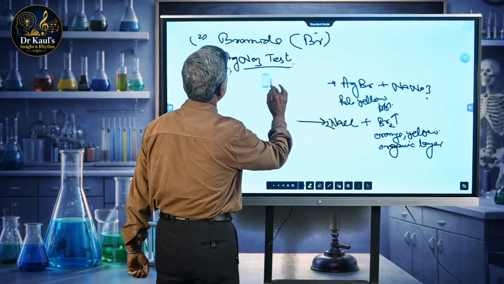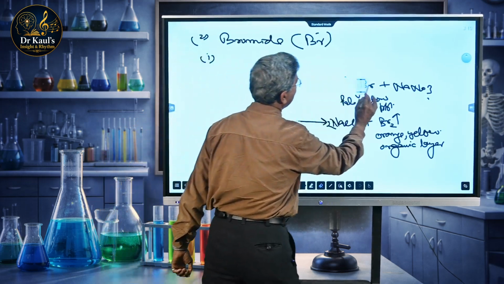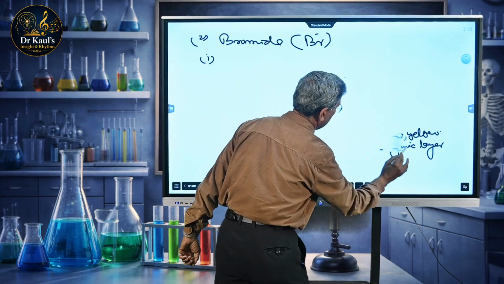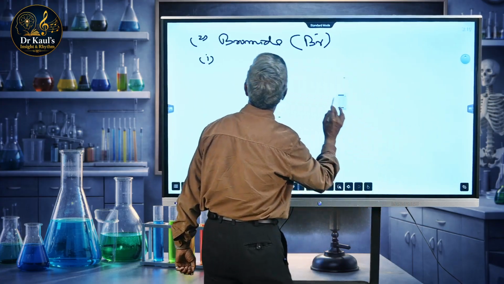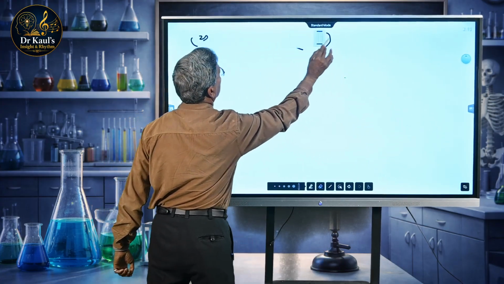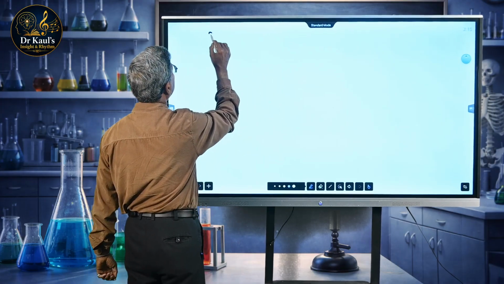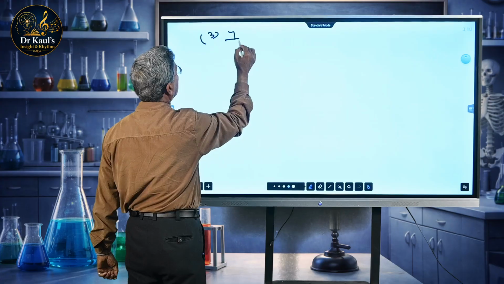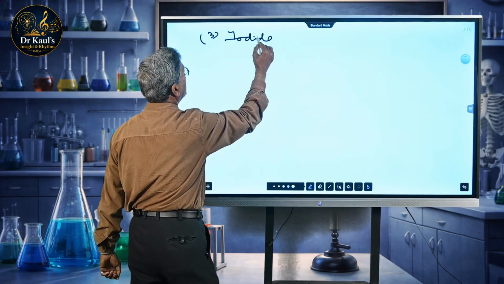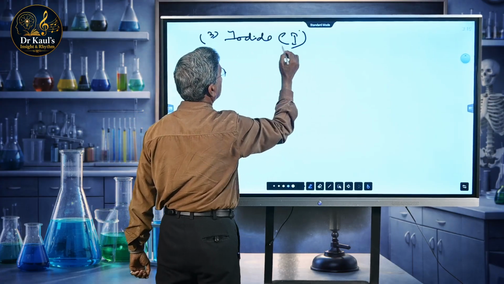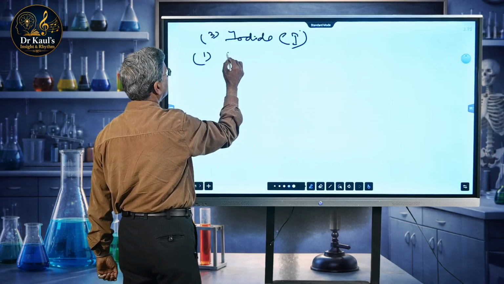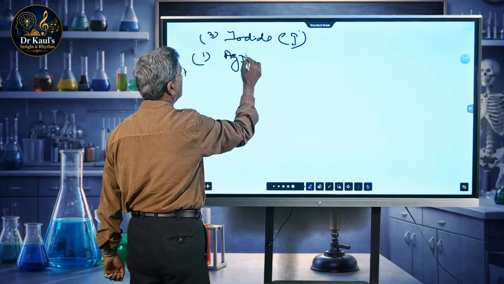Interestingly, iodide also has both these tests, that is the silver nitrate test and the CS2 test. So first is the AgNO3 test.